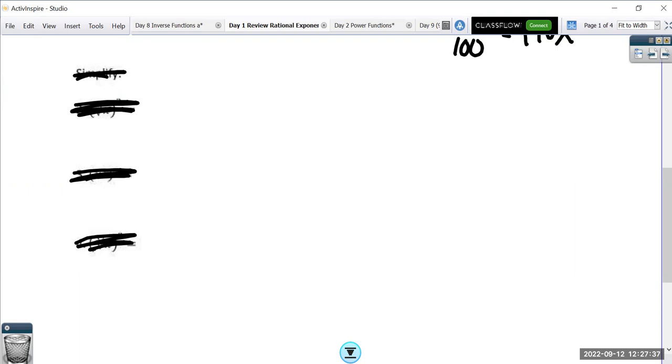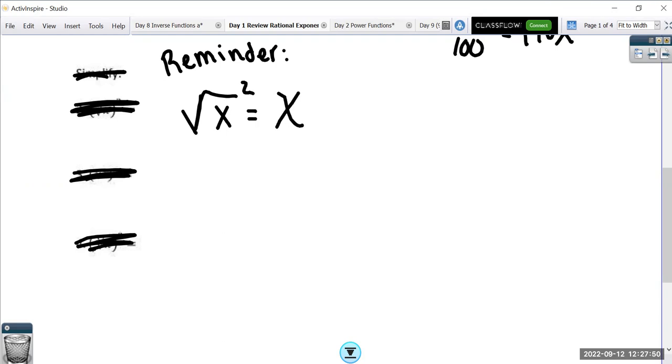Just as a reminder, if I have the square root of x squared, those are inverse functions, they undo each other.